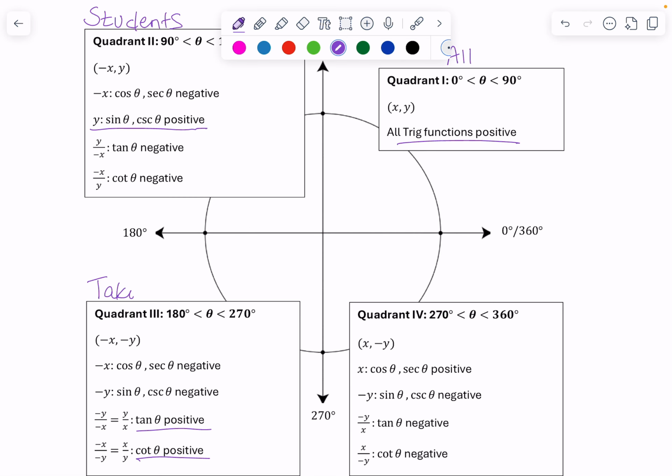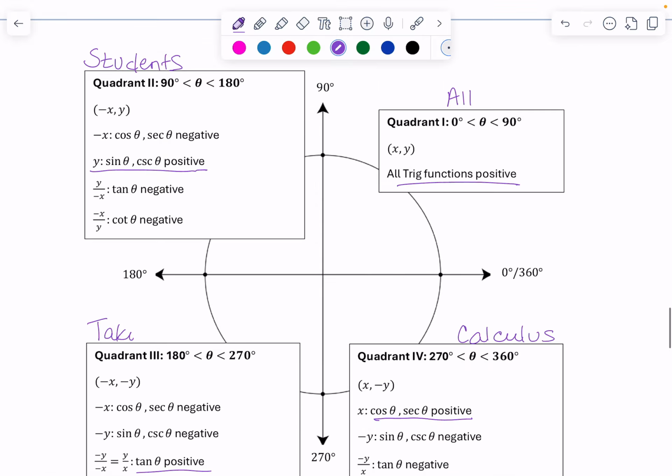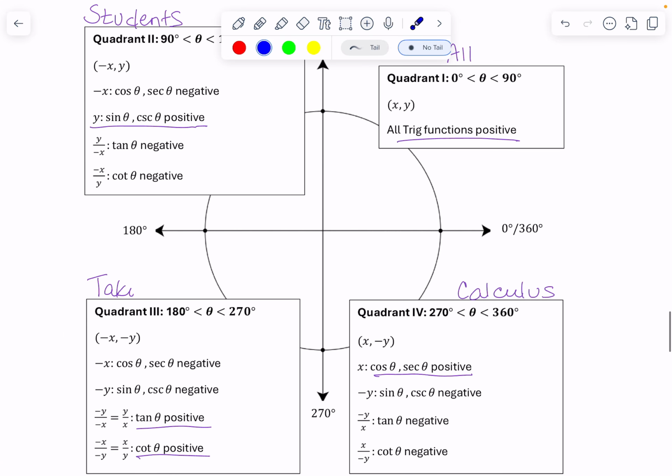And then in quadrant 4, over here between 270 and 360 degrees, what I see is cosine and secant are positive. We say "calculus." So if you remember that all students take calculus, then you know what's positive in that quadrant, and then you can figure out what the sign of your trig function is. All right.